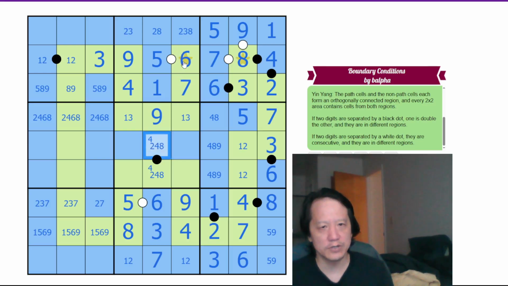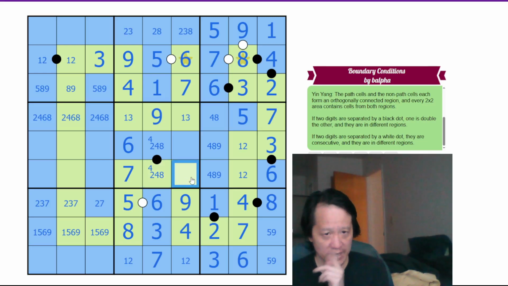Can't be here or here because of 6 in the column, so 6 has to be here. 7 cannot be here, or these two cells, so it must be here. So 7 plus 13 minus 7 is 6. So this must be 2 and 4. And this can't be 4, so this must be 4 there. That's 2.